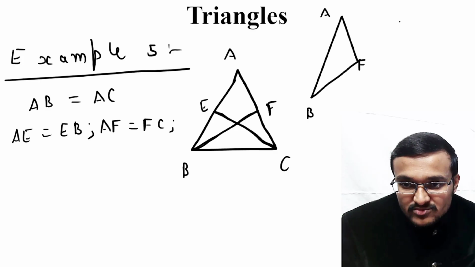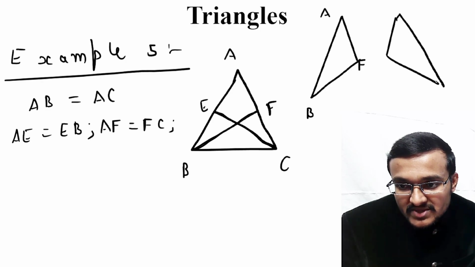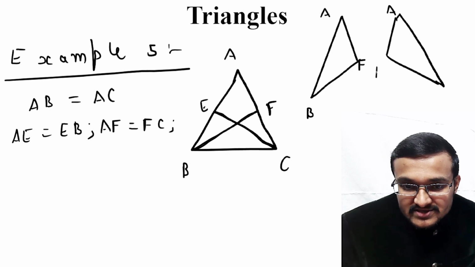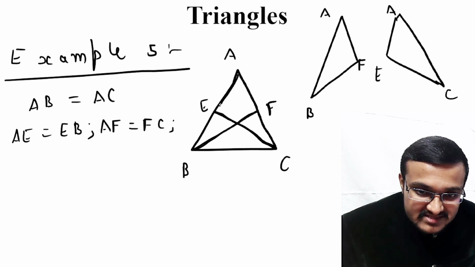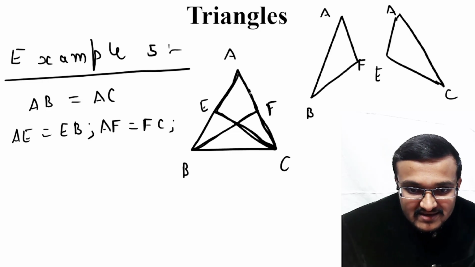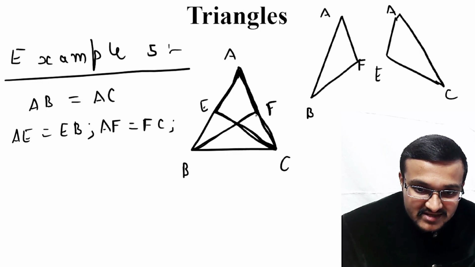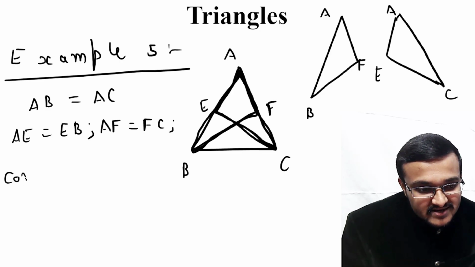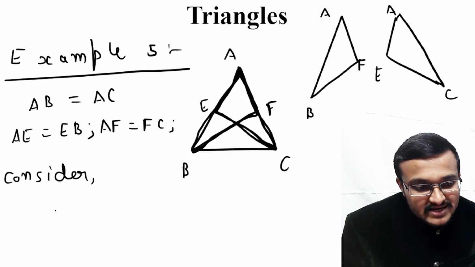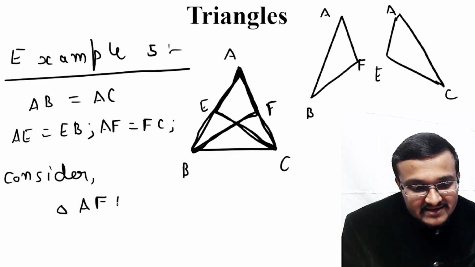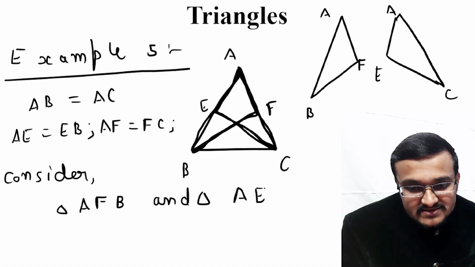Now you have to consider one more triangle like this, and this triangle is AEC. That is, basically we are considering this triangle AEC and this particular triangle AFB. So consider triangle AFB and triangle AEC.